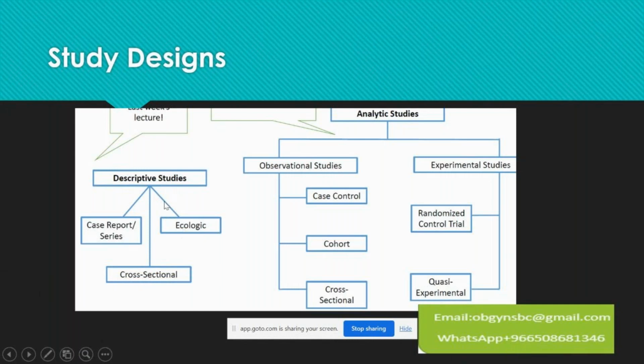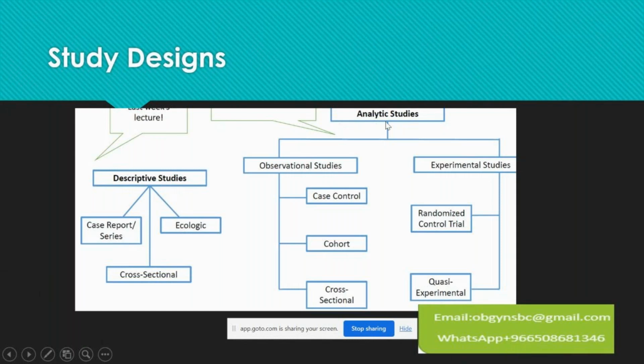Ecologic is also a type of descriptive study, but in case reports and cross-sectional studies, we have individual level data, even in the case series. But in the ecologic studies, we have data at the level of a country, a larger population, a tribe, a continent. So this is the group level data.